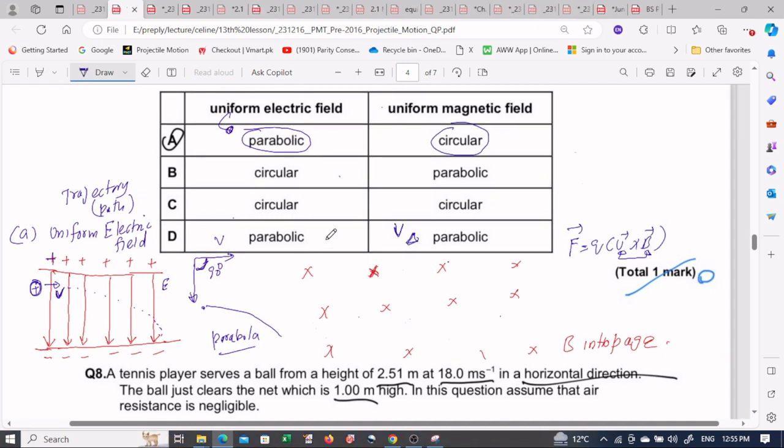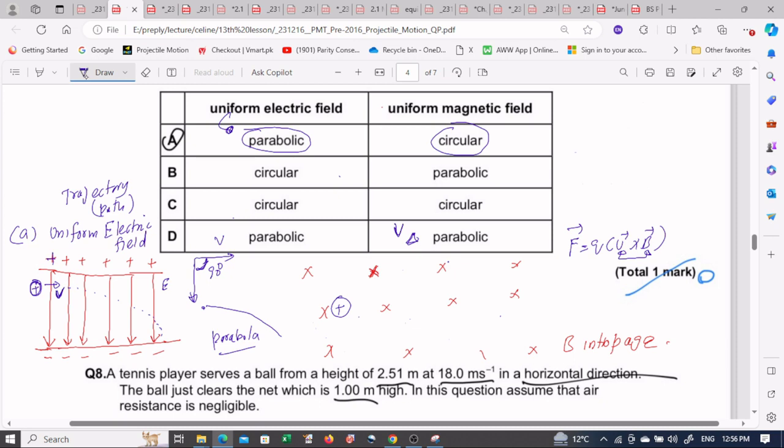Now I will explain what happens when the charged particle enters into the magnetic field. For example, there is a charged particle that enters into the magnetic field. Its speed is, for example, downward. Magnetic field B is into the page, meaning going into the screen along the negative z direction.